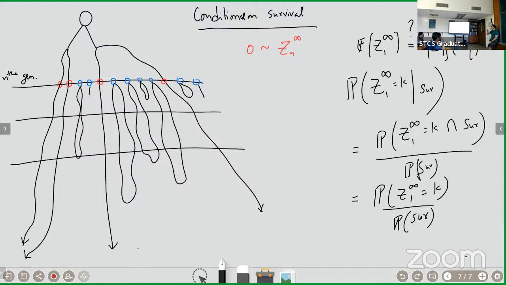What is the probability of survival given Z1 infinity equal to K? That is just one. Yes. By definition, Z1 infinity equal to K means K particles have infinitely many descendants, so that automatically means survival. Rather than writing Z1 infinity given survival, you write the probability of survival given Z1 infinity. Okay.